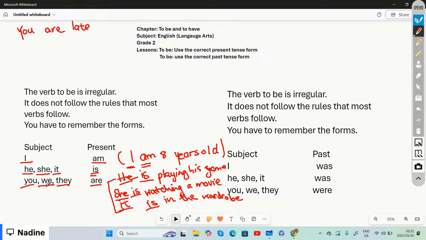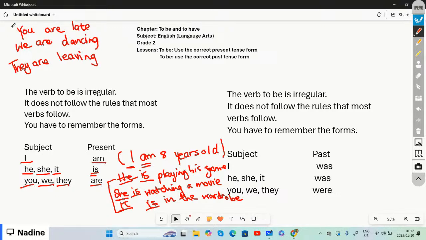Or if we use the subject we with the present tense verb, then we say we are dancing, or we are eating, or we are doing something. They are, and we can say they are leaving.